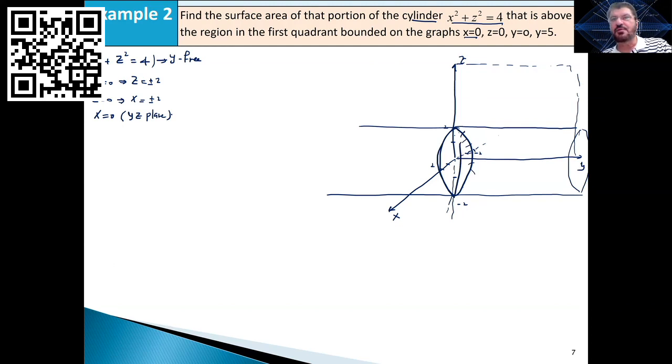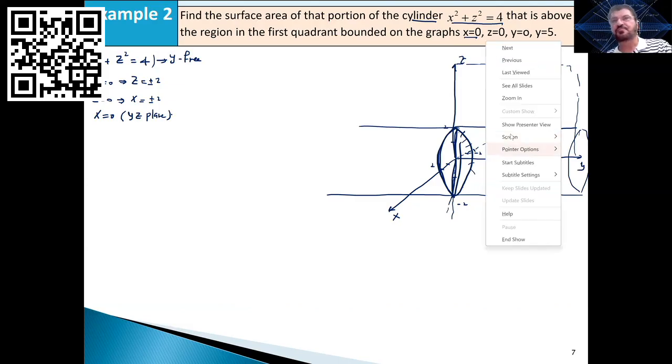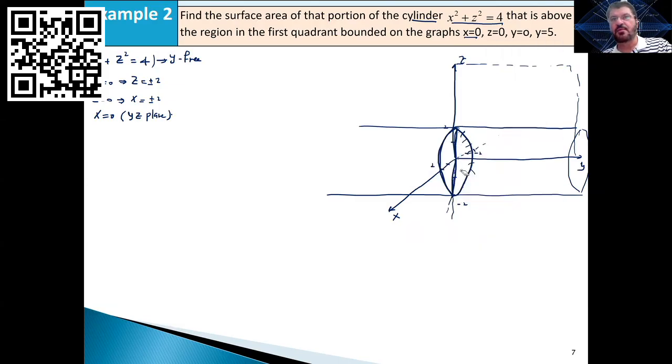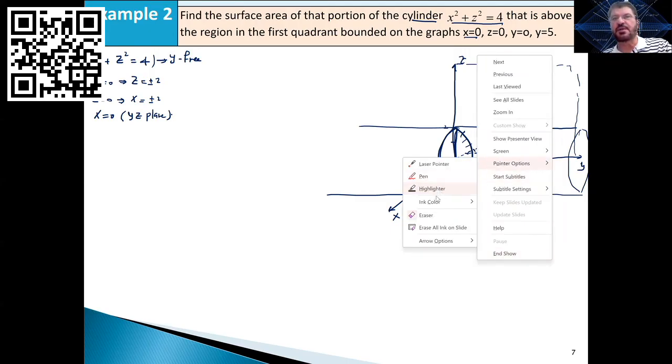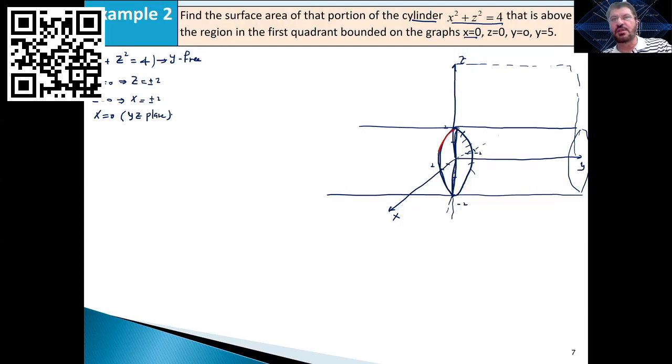Just that one, coming this way. All right, so let's change the color probably. Show you what I mean. It will be only that piece here. The back piece is going to go.